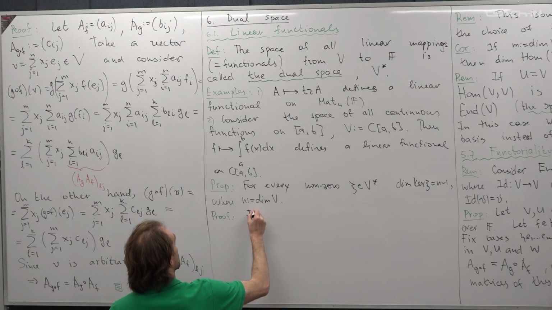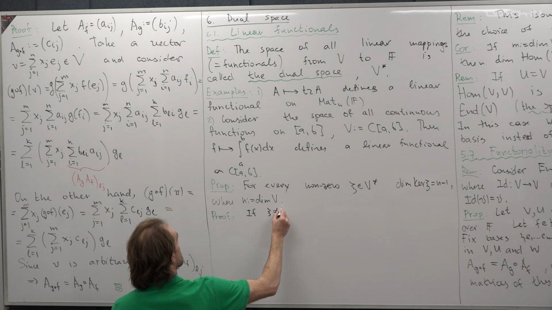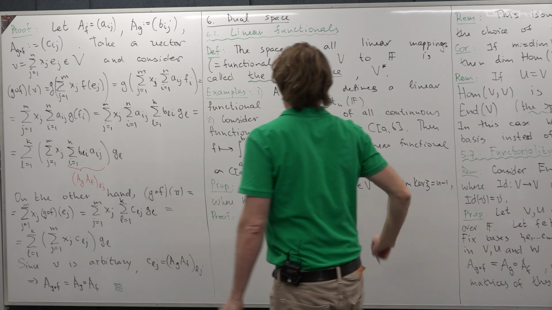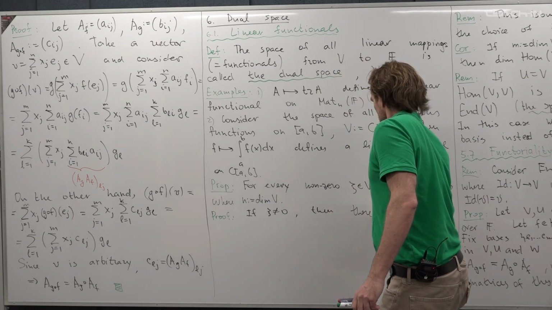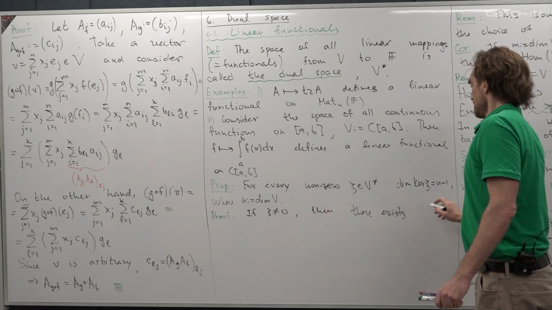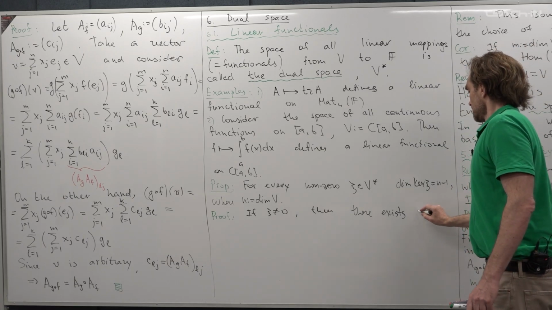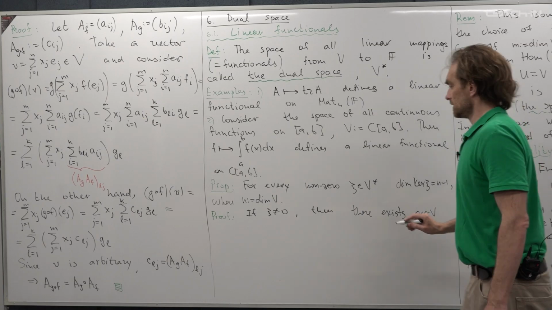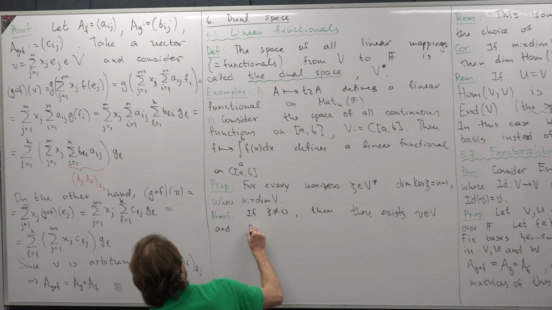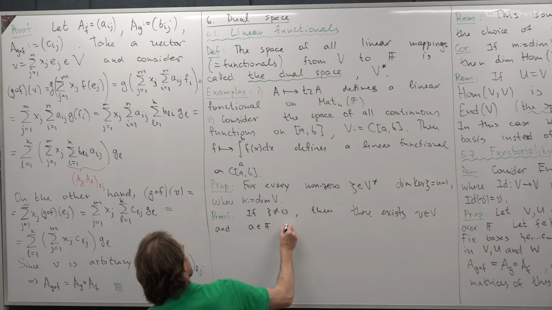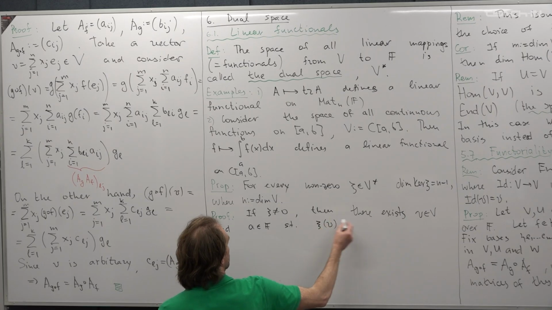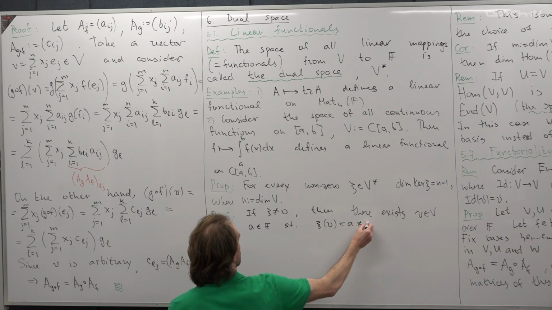So if Xi is non-zero, then there exists some vector v from V and some element A from the field, such that Xi of V equals A, and A is non-zero.